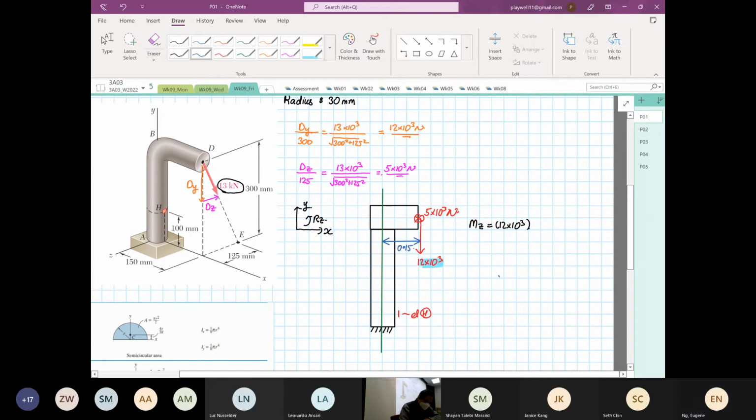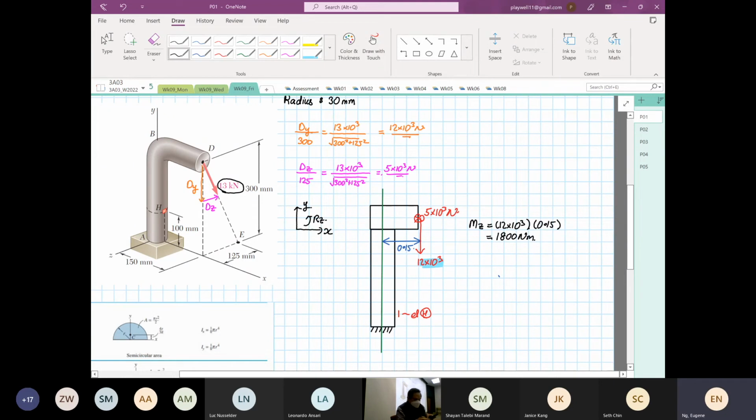You take it to the centroid, not to the element, because the applied force is parallel to the centroid, right? So this is multiplied by 0.15. Once you do this, 12 to the power 3 times 0.15, you get 1,800 Newton meter.